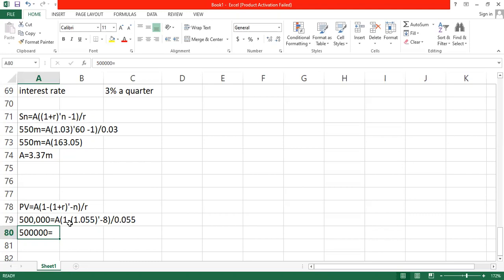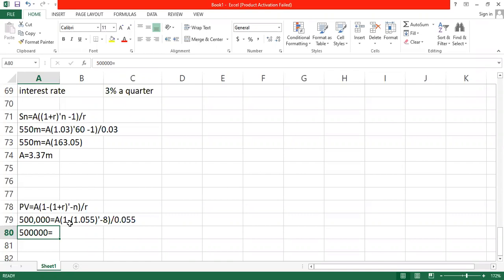1.055 exponent negative 8. Add 1 minus that, so you have 0 point something. What did you get?